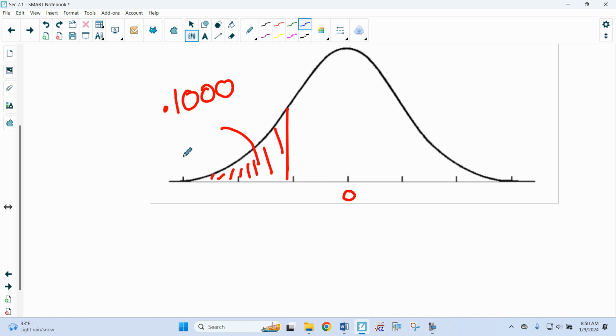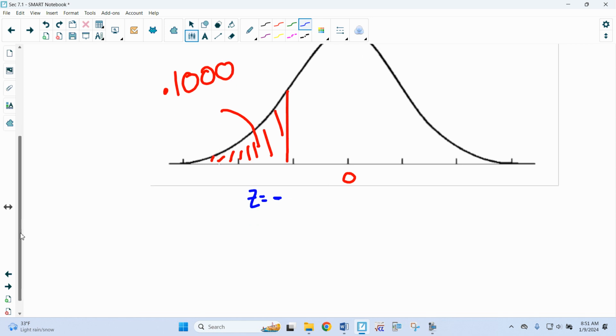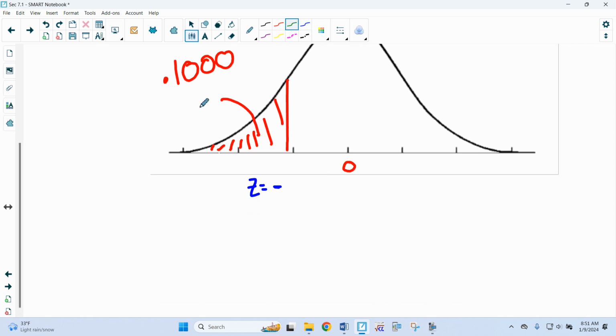Whatever this z is, we know it's on this side of 0, so it has to be negative. So flip your chart to the negative side, and go through your chart and try to find 0.1000. As we look through the chart, you will notice that we can't find it. It's not exactly on there.